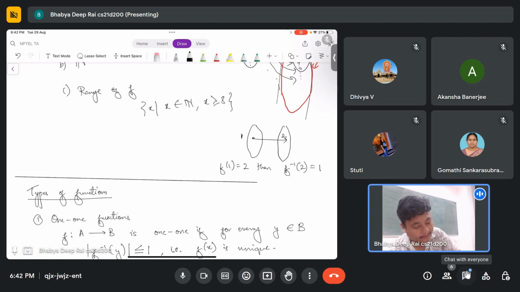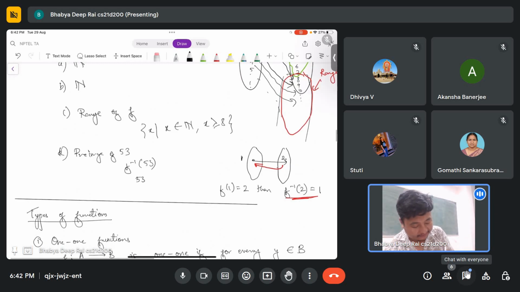So f inverse, imagine it as a function going back. Therefore the question is asking for the pre-image of 53, which is nothing but f inverse of 53. What maps to 53? Let's say 53 was mapped from some f of x.